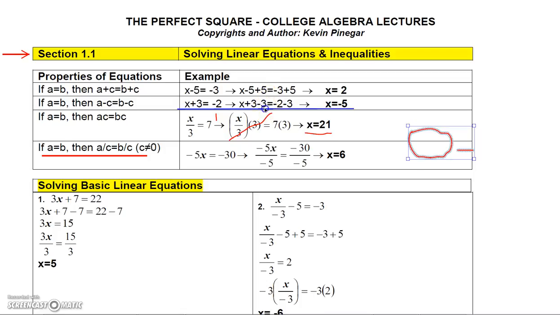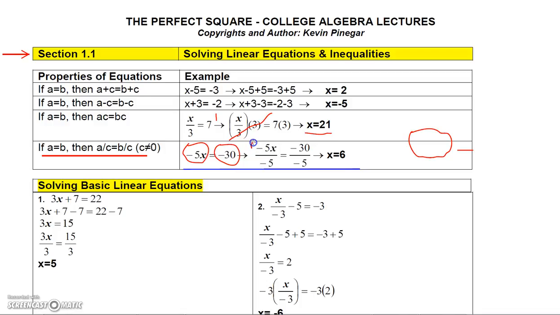Let's take a look down here at this equation, and you'll see I have negative 5x equals negative 30. So what I want to do to isolate the x is take this negative 5x and divide that by negative 5. And of course if I divide that by negative 5, I have to divide the negative 30 by negative 5.